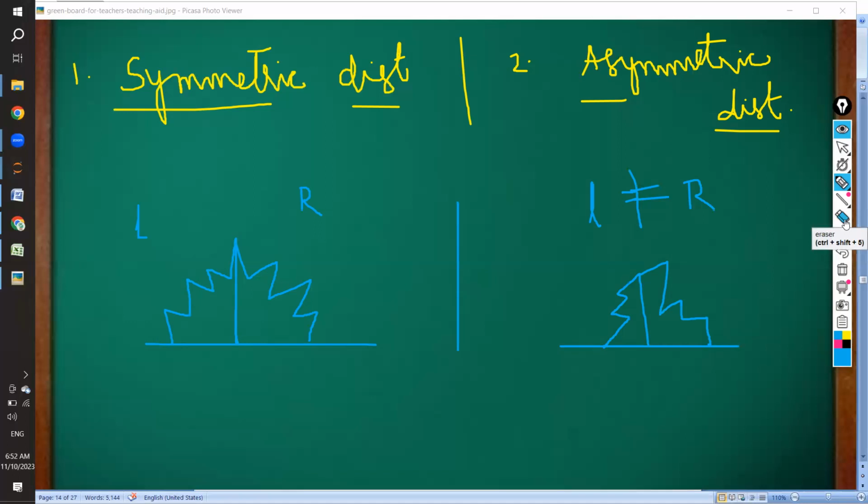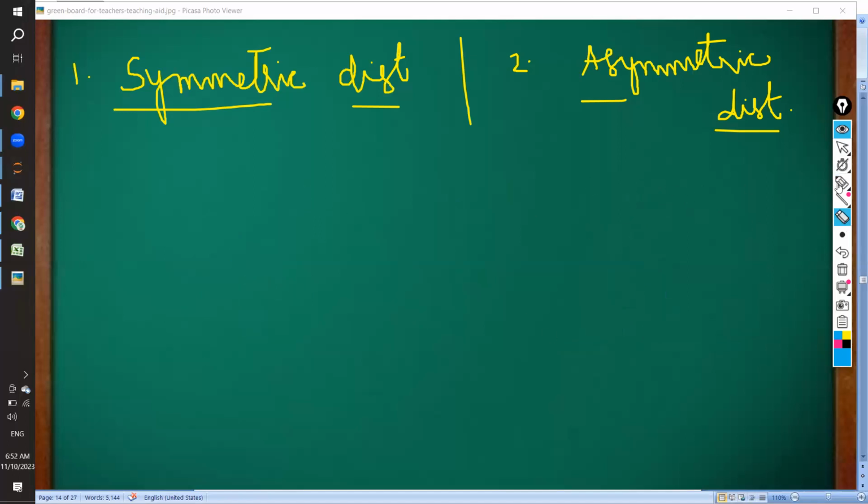Now from this symmetric and asymmetric distribution, you have something called normal distribution. I'm just giving you an introduction to normal distribution, but in the next class we are going to completely discuss and go deep into it. Normal distribution, also called Gaussian distribution, is the most important concept which anyone studying statistics should know.